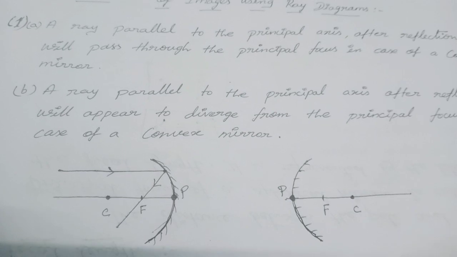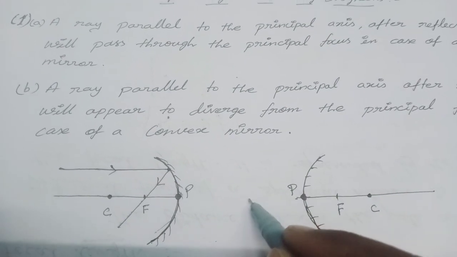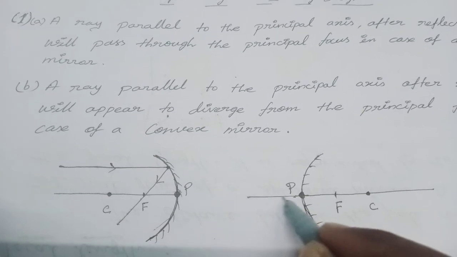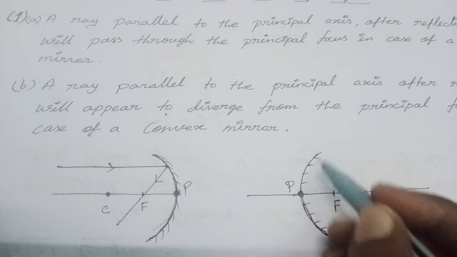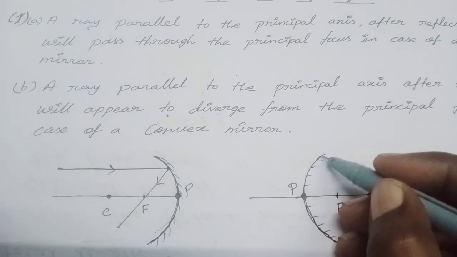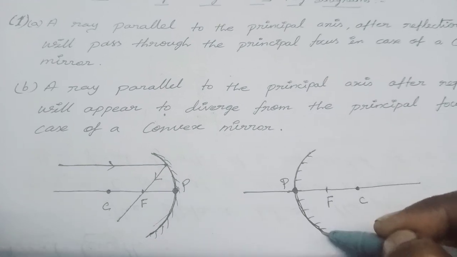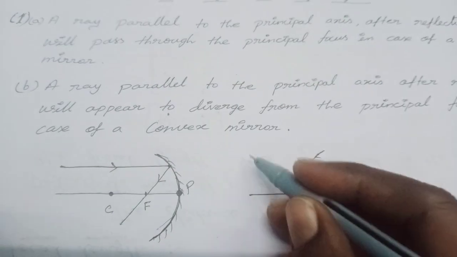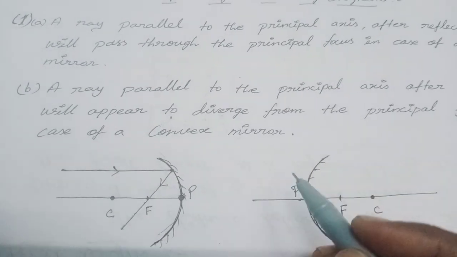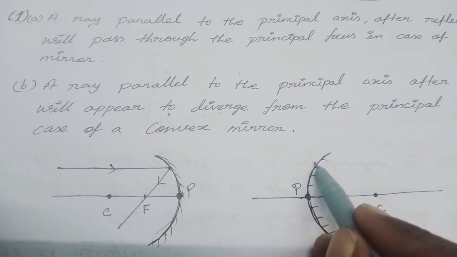Now consider the ray which is parallel to this principal axis. Always the object should be placed on the left hand side of the mirror, that is in front of the reflecting surface. So the object will be placed on this side only. Therefore the incident ray should fall from this side on the mirror.